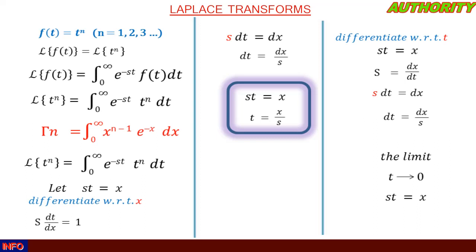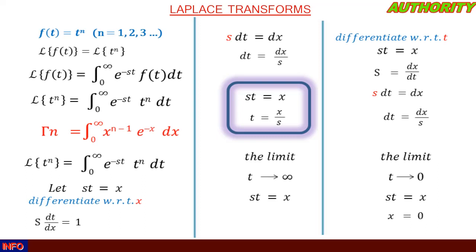Multiply by s, it will give you 0. So 0 is equal to x. That means as t approaches 0, x will also approach 0.